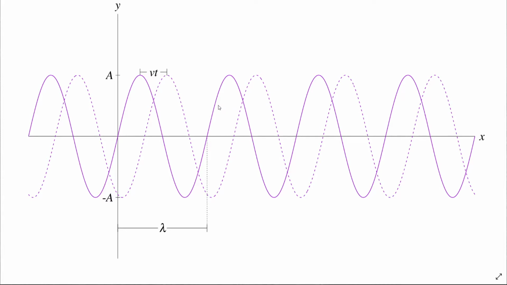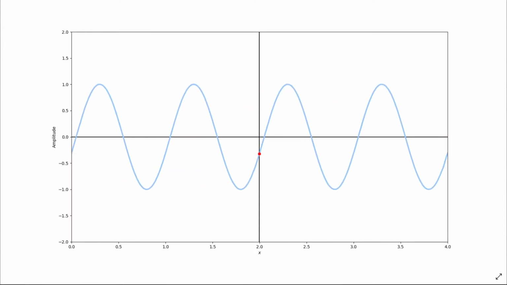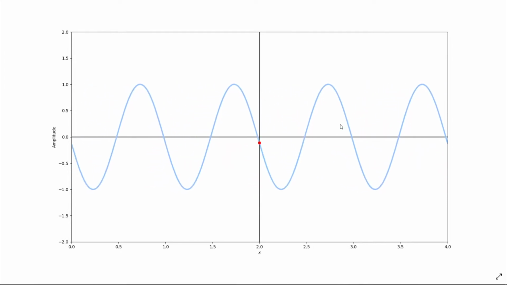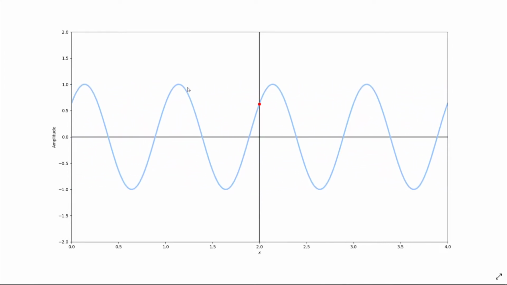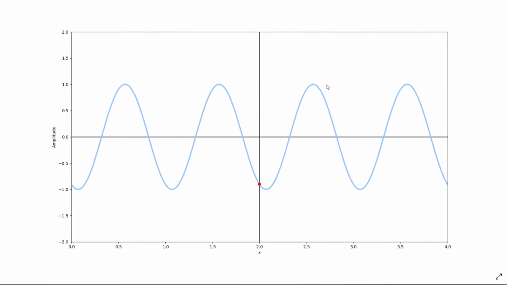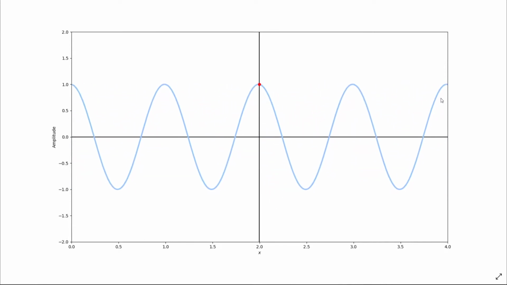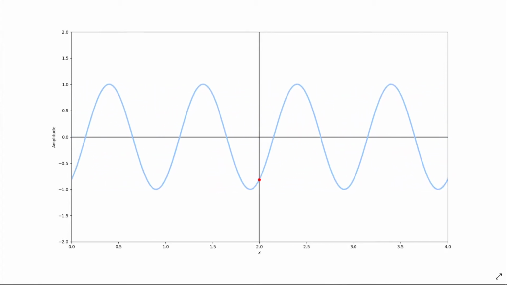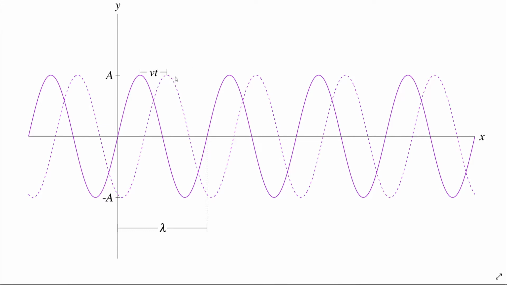Now, if we consider that time t later, then this wave will have traveled. Let's see if I can switch over here. Here was our traveling wave that we looked at last time, and you can see that this peak is moving to the right over time, and as time goes on, it moves further and further over. Back to this static picture, after some time t, this will have moved some distance, where we take v, the speed of the wave, and multiply it by that time.